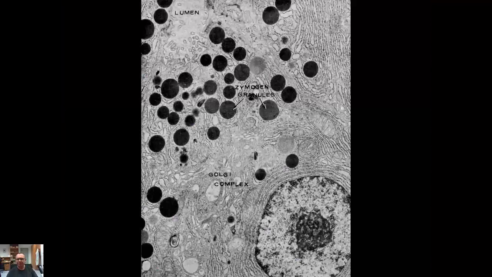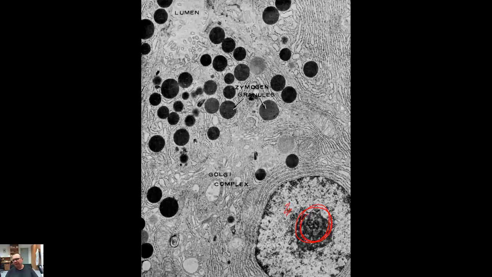If you look at the same cells under the electron microscope, you will see the same things but in much higher magnification. Nucleus will be again spherical, light, with prominent nucleolus here. There will be again rough endoplasmic reticulum around the nucleus, but in this case there isn't any basophilia, but you can see parallel cisternae of this rough endoplasmic reticulum.